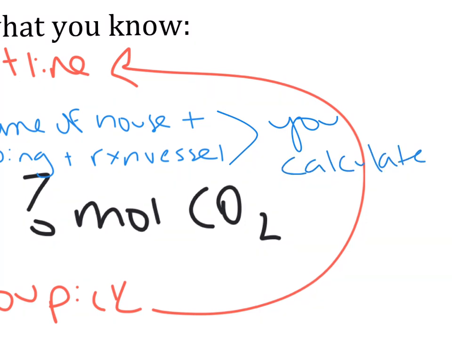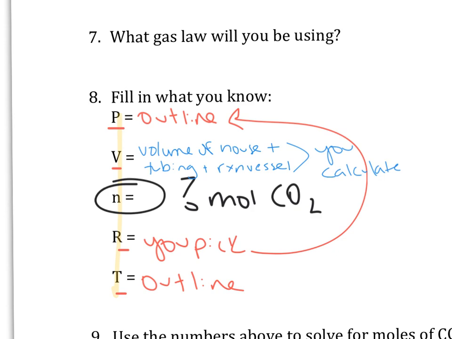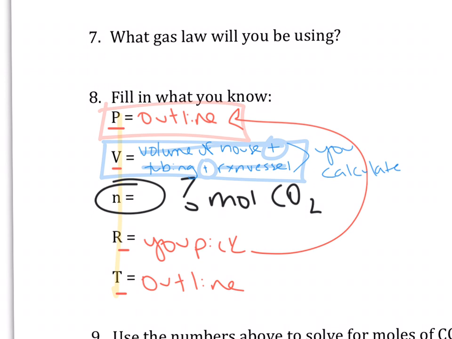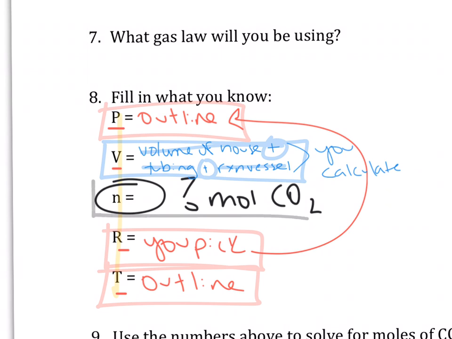So you need to determine the volume of your house, you need to determine the volume of your tubing, and you need to determine the volume of your reaction vessel. And then you're going to add all of those up, and then that is going to be V in your equation. P you get from the outline, R you pick based off of the pressure, T you get from the outline, and then after you do that you can solve for n, you can solve for moles of CO2.